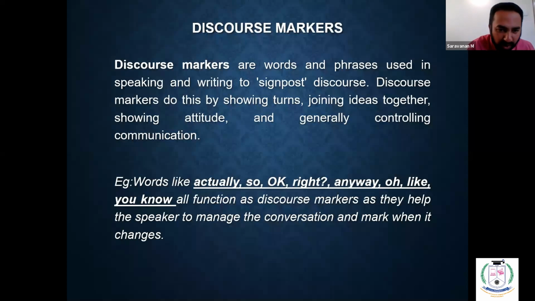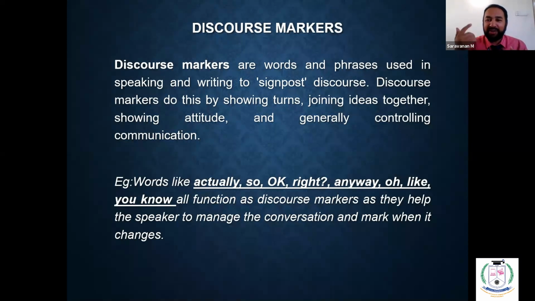Examples: words like actually, so, okay, right, anyway. All these are connectors. These are the ones that connect one sentence with the other. When you connect one sentence with the other, it becomes a proper sequence, sequencing the sentences one after the other. Oh, like, you know. We say these when we don't get any words.